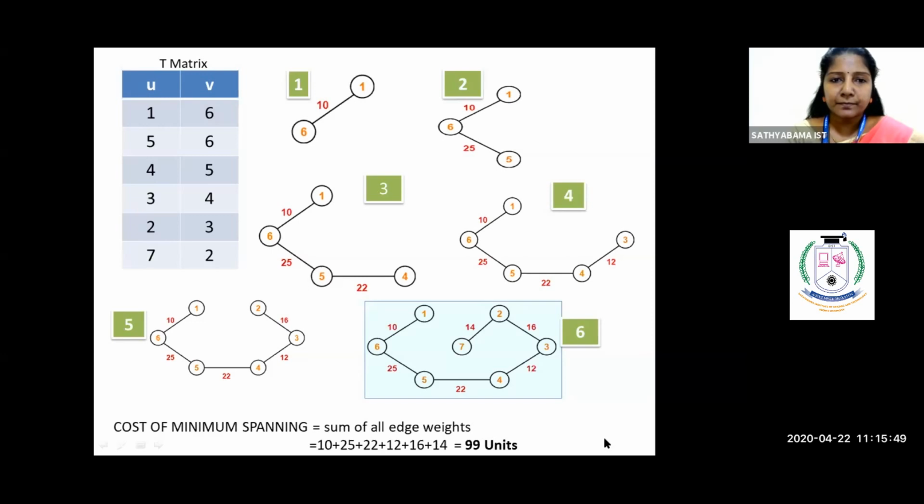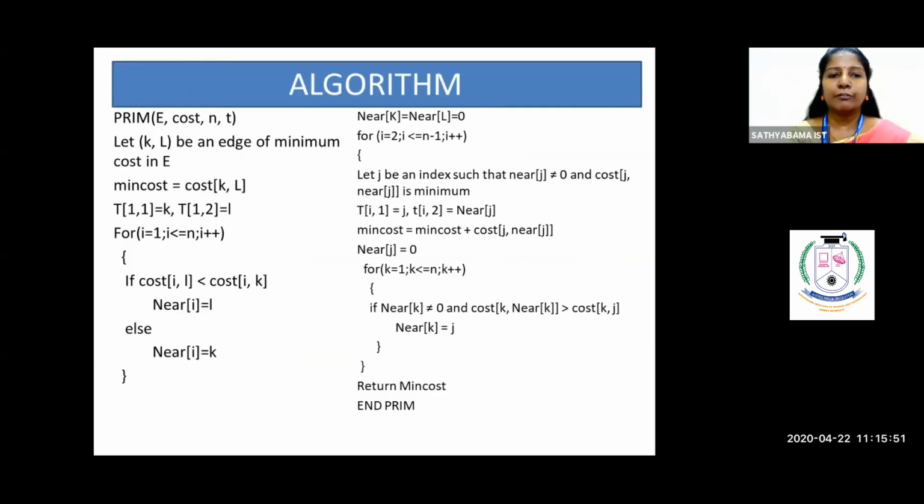Now this is the algorithm for Prim's. Based on this algorithm only, we solved the example. For this algorithm, totally 4 arguments we are passing: edges, number of edges, the cost matrix, the number of vertices as n, and T is the final T matrix. How did we start our example?